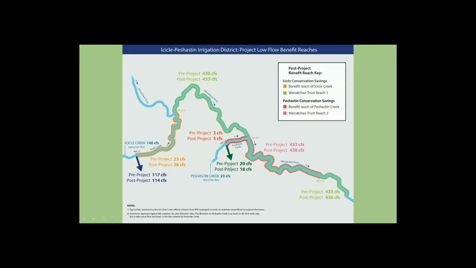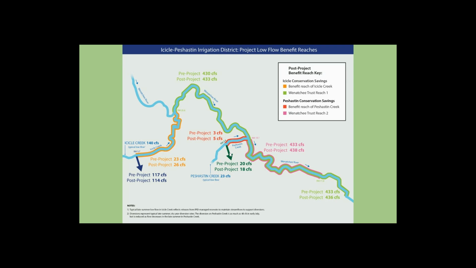On Peshastin Creek, it's a little simpler, because there's only one diversion down at the bottom. I can talk about Tandy in a second, but we know they're required to leave 3 CFS in that fish ladder. So 3 CFS is what goes down into Lower Peshastin Creek.